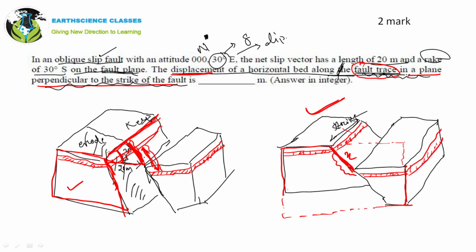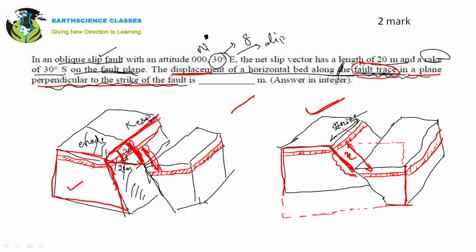It is also asking for the dip separation, same thing. Dip separation is the separation of any planar structure along the dip of the fault plane. So this is the dip separation between this bed and this bed, along the dip of the fault plane. Okay, so it is asking for that.